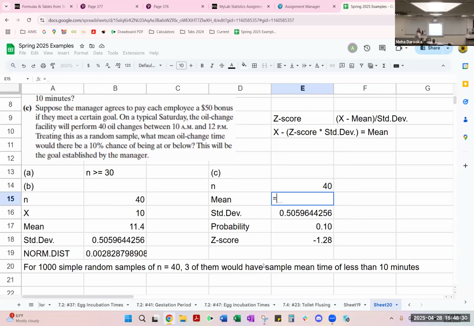So we don't even have an x value. We came up with that z-score. What am I doing? So we've got our 40 oil changes.